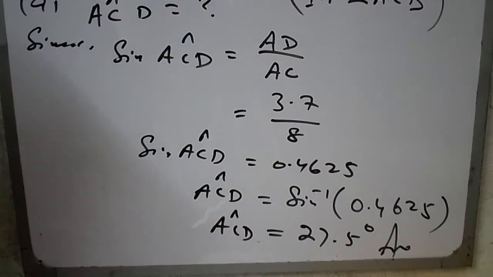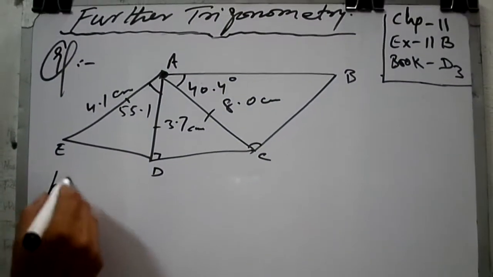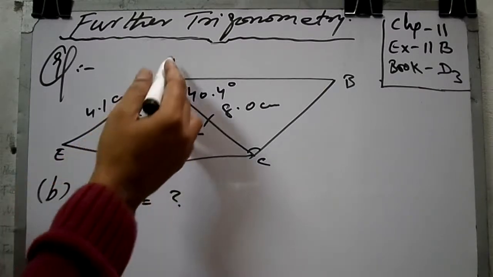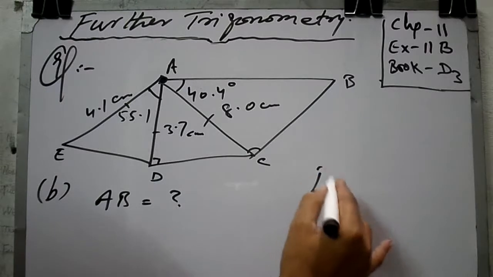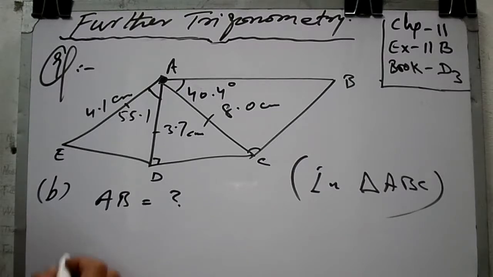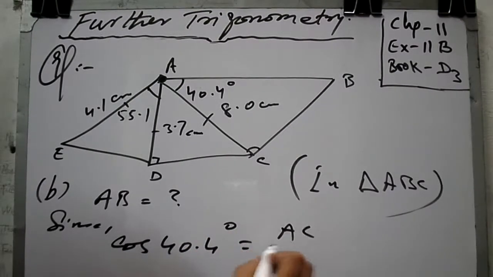Now coming to the second part, in which we have been asked to find the value of AB. Now you see how we can find the value of AB. Now we consider the triangle ABC. In triangle ABC, the value of AB can easily be calculated since we are using trigonometrical ratios, that is cos 40.4 degree is equal to base by hypotenuse.